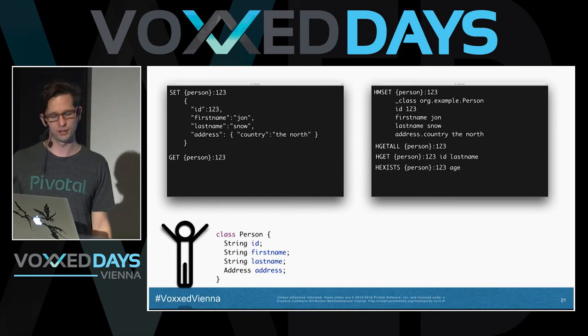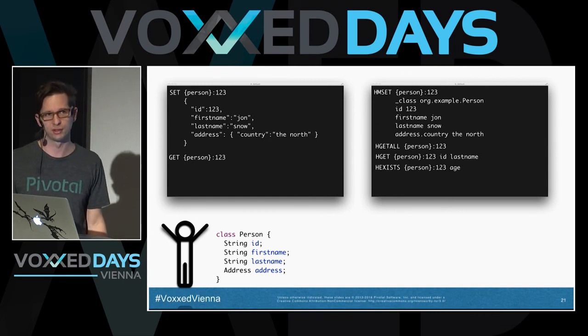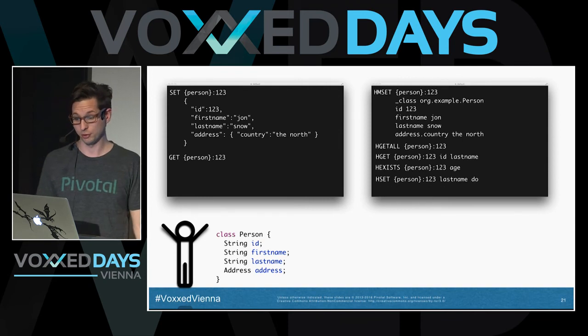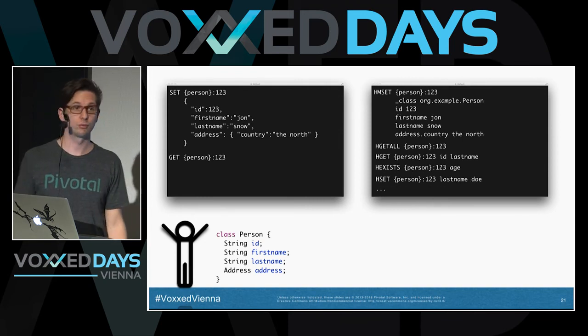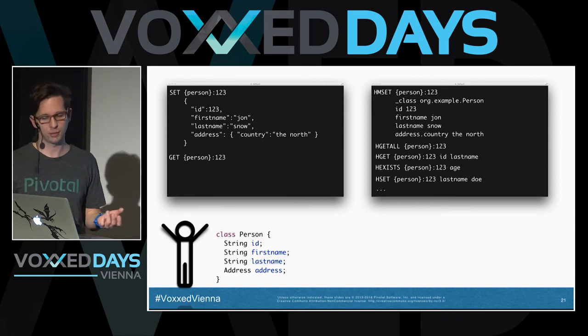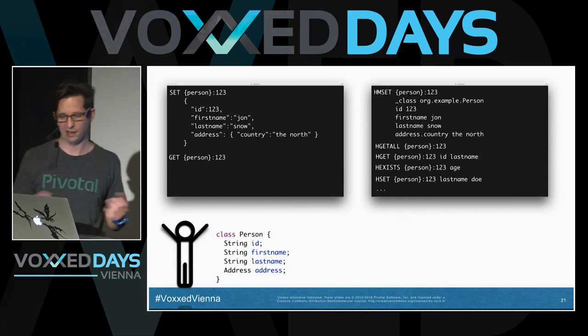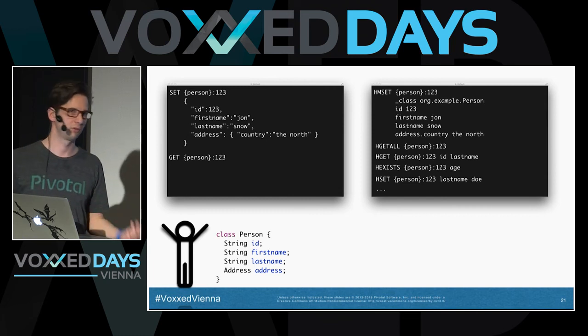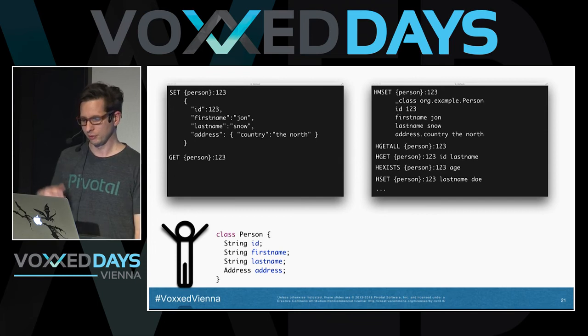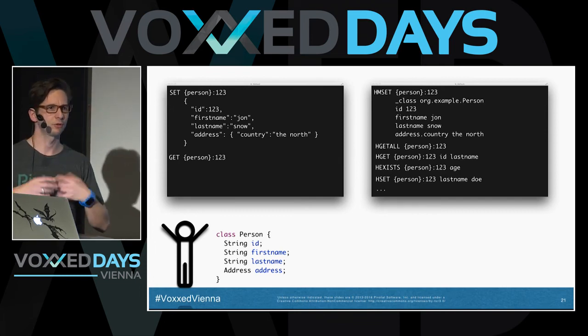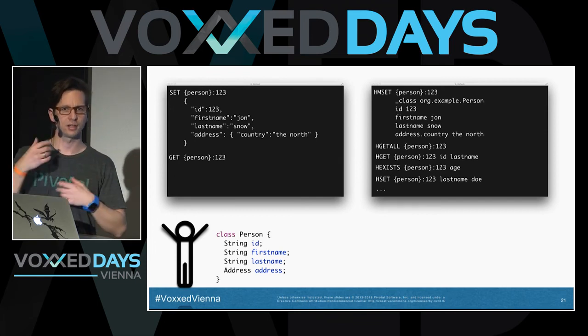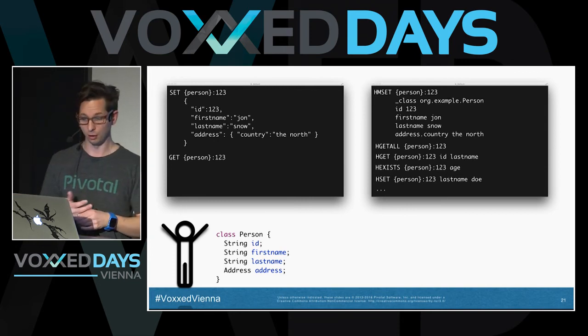You could ask if a property exists within the hash, if that matters to you. And of course, you can do a partial update by just setting a certain key in the hash. Let's say the last name is no longer John Snow but John Doe, because you had a typo. So you have partial updates and don't have to serialize and deserialize the entire object over and over again.